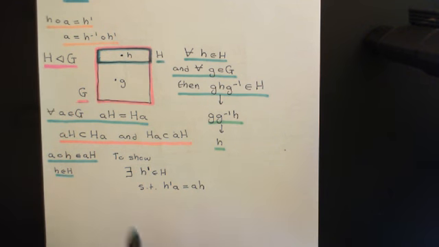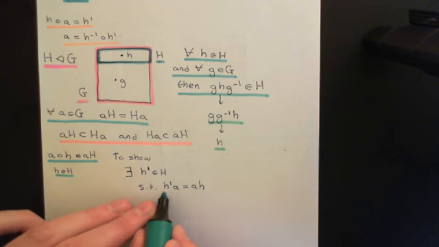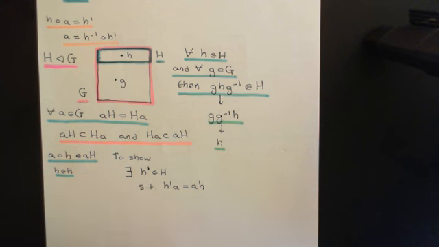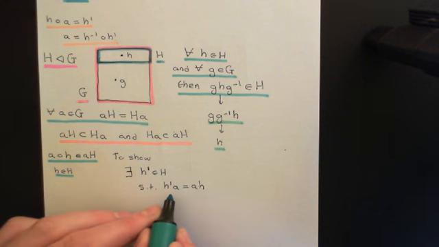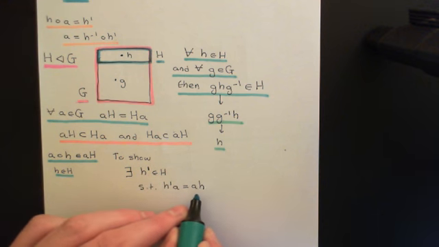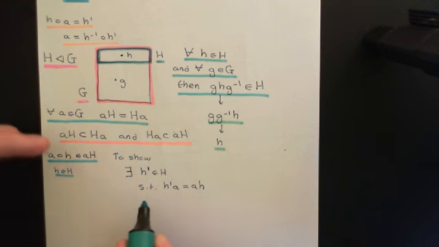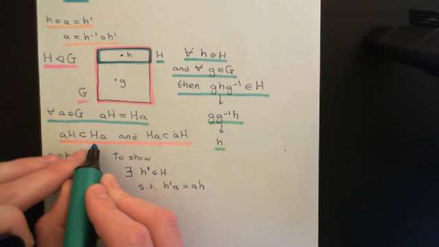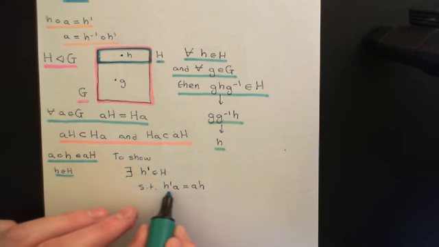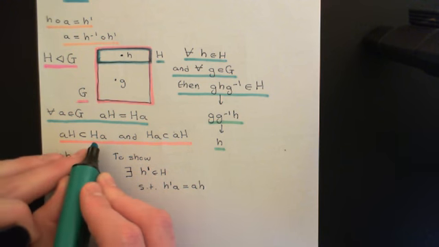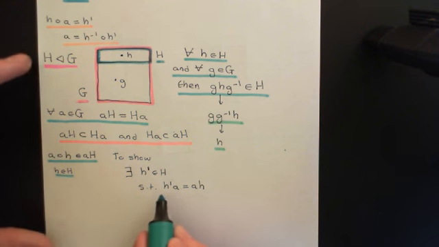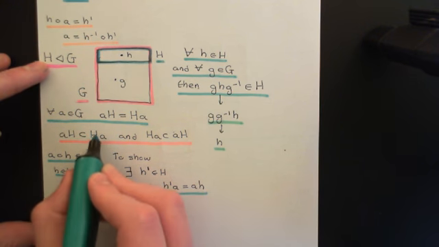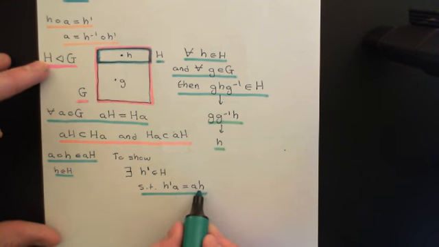So, saying this again, what does this mean? I need to find some element of the subgroup capital H, such that when I multiply it by little a, it equals little AH, basically. Why? Because that will then prove that this element is in the right coset of H under A, because here, this is certainly in the right coset of H under A. So all I'm saying is I need to find an element in here that is equal to this element in here.